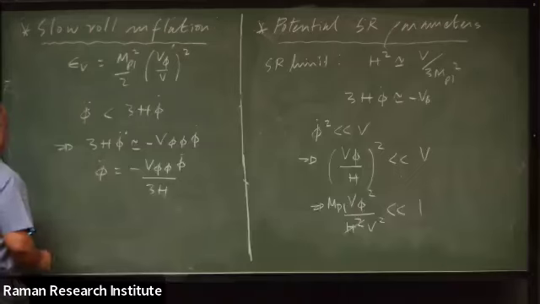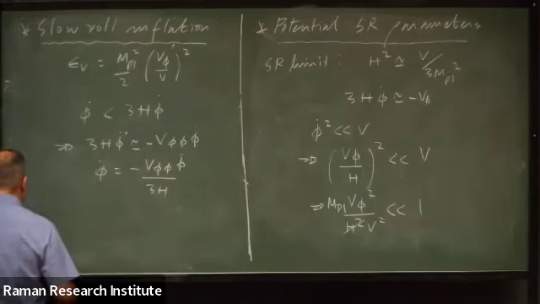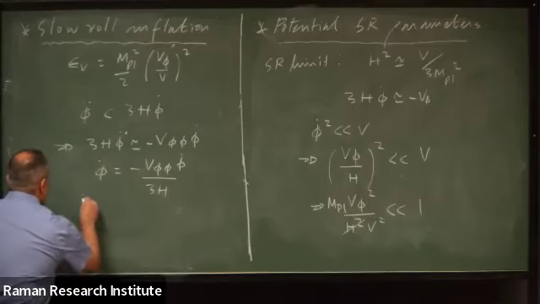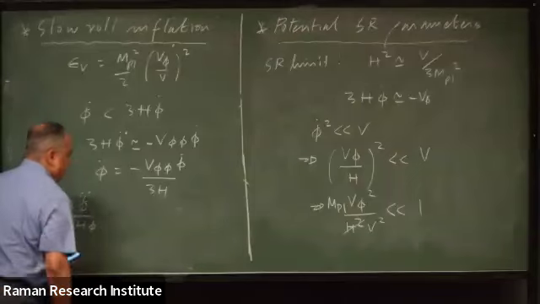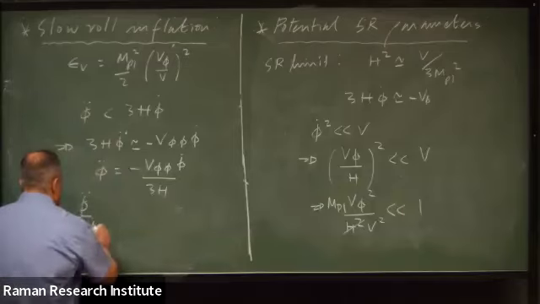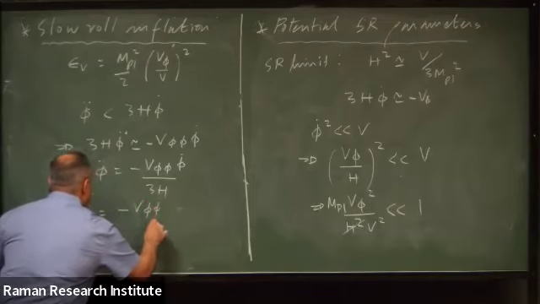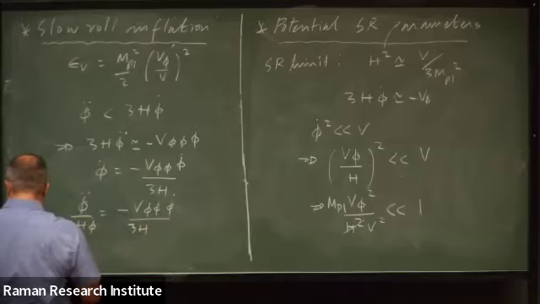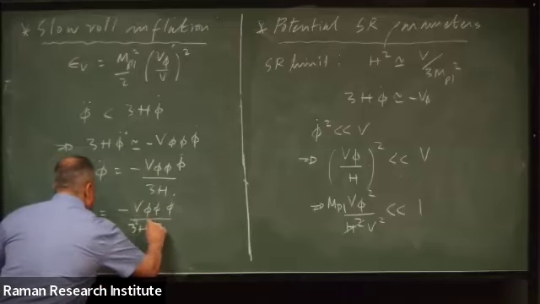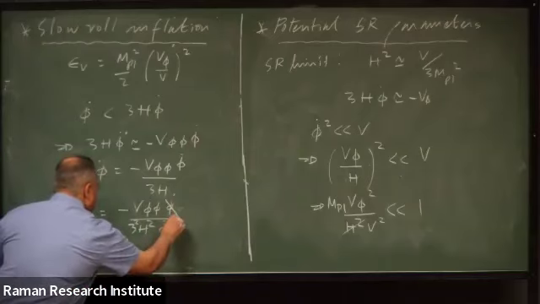Now, what do I want? I've just obtained this condition. Our condition is phi double dot by 3H phi dot to be much smaller than 1. So what does this lead to? Taking the modulus, V phi dot by 3H, divided by 3H phi dot, gives 3H squared phi dot, and this goes away.